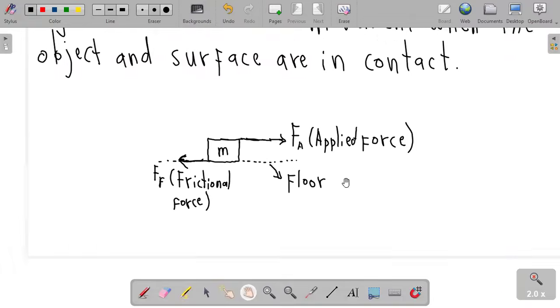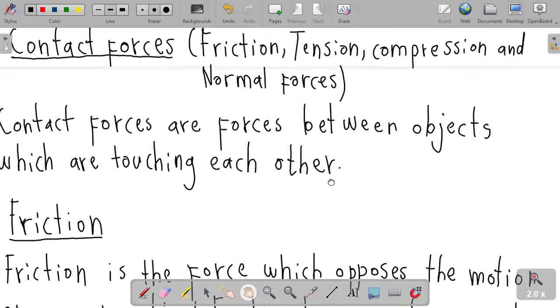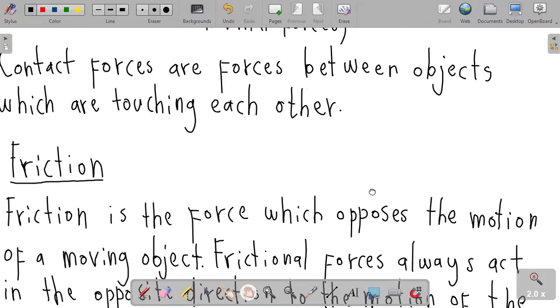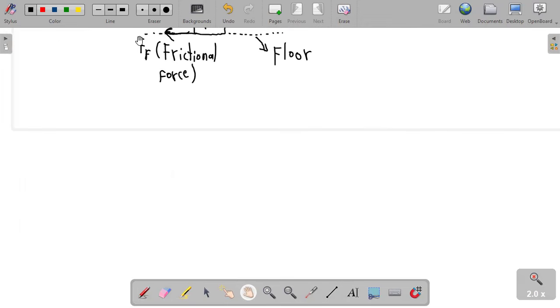And then the next thing is tension. We also have tension. So what is tension? We have to understand what tension is.